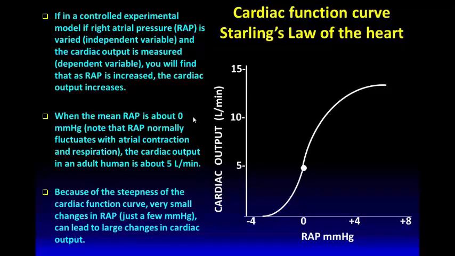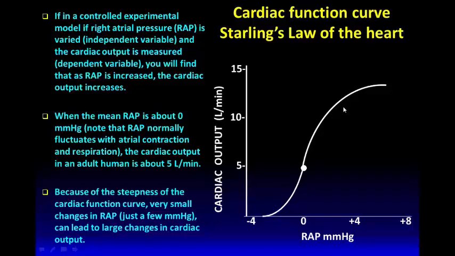So this is a modified cardiac function curve where we have on the x-axis the right atrial pressure, which reflects diastolic filling, so it reflects the preload. And on the y-axis, we can either have the stroke volume or the cardiac output in liters per minute.